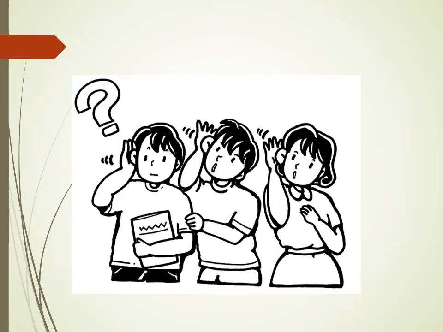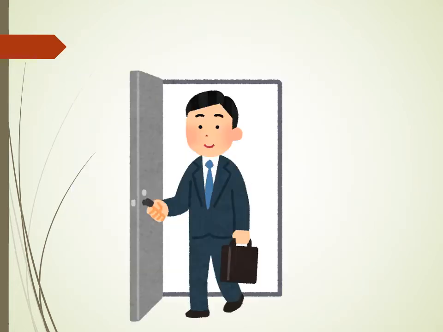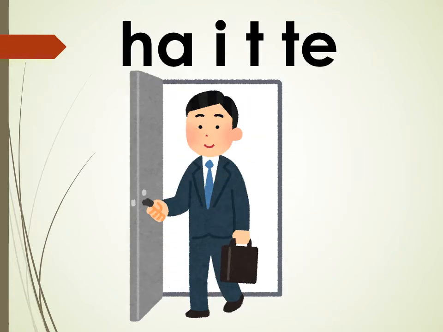Let's review the instructions you have just learned. How do you say listen in Japanese? It is 聞いて. How do you say enter in Japanese? It is 入って.